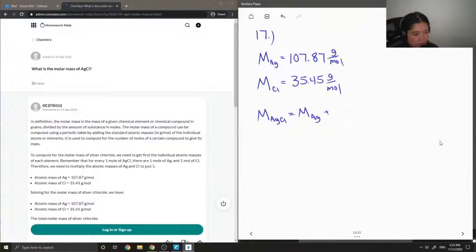So let me show how you would do that. And since there's only one atom of silver and one atom of chlorine in silver chloride, I don't need to multiply any of these values by any subscripts.